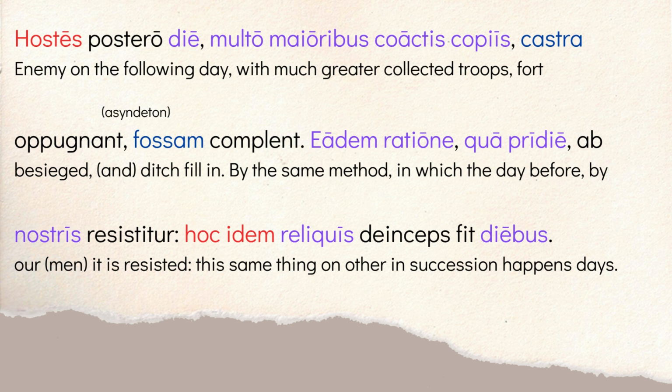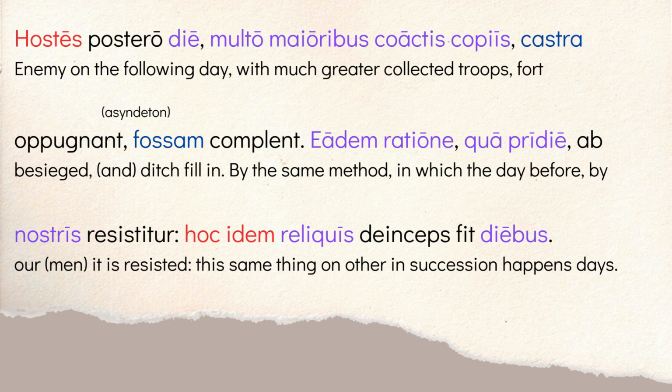Okay, so Caesar's saying here that the exact same thing happens, right? Just like on the day before, this attack gets resisted by the men, right? So our men resisted, or the attack is resisted by our men in the same manner in which they had resisted the day before. Is really what you're getting at there with the quapridie in the middle.